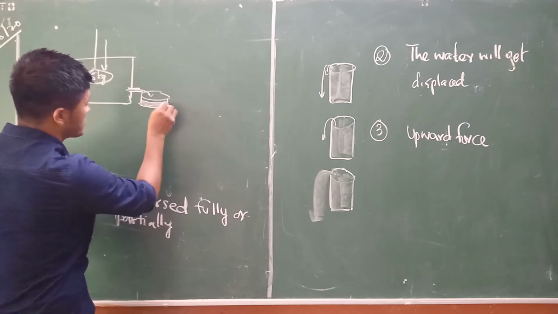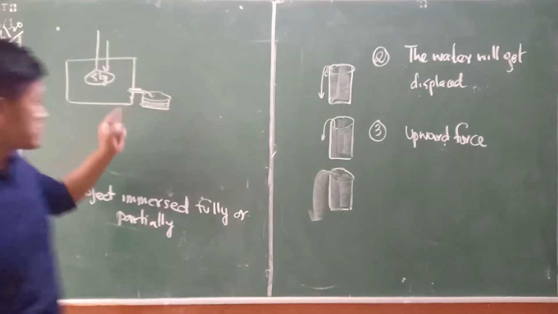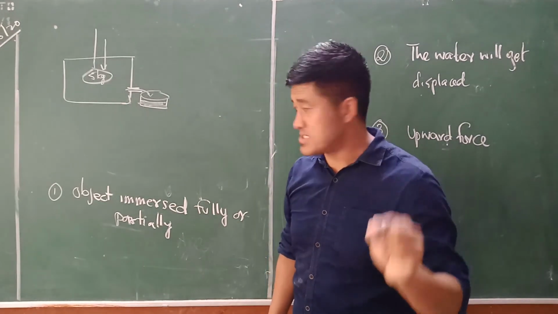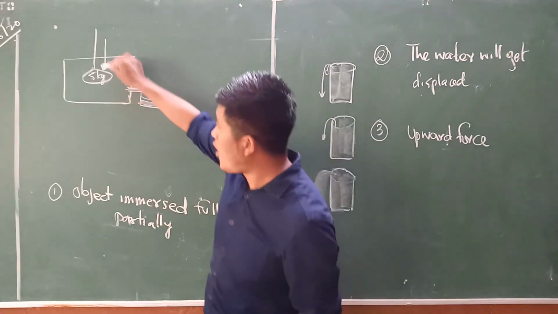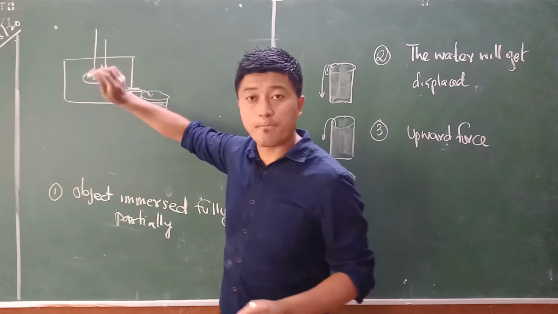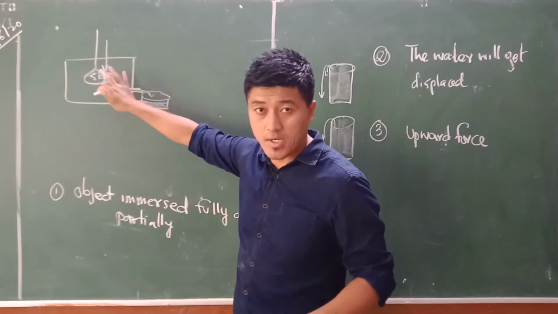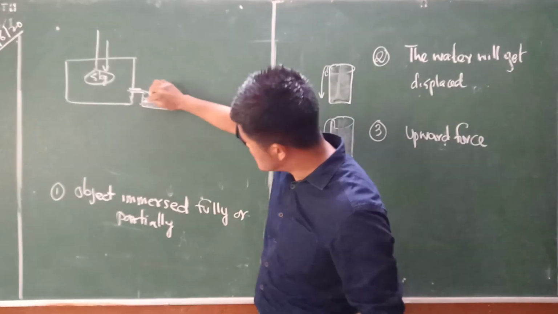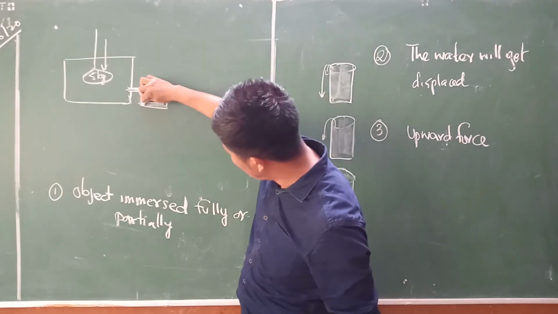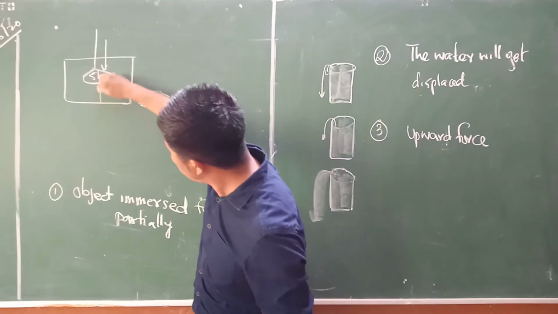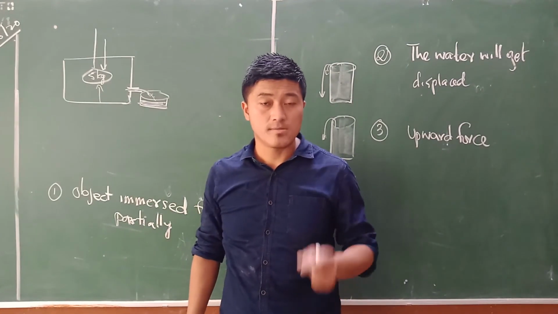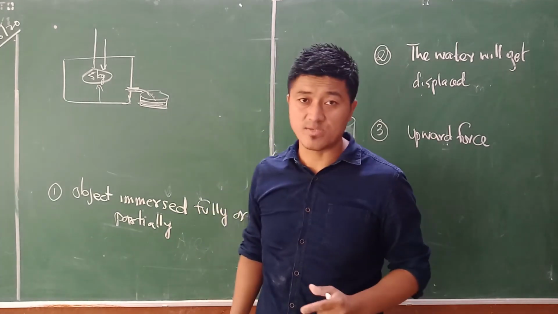Now, according to Archimedes, when an object is immersed fully or partially in water, the water gets displaced, and the displaced water is equal to the upward force applied on the object. This is what we call Archimedes' principle.